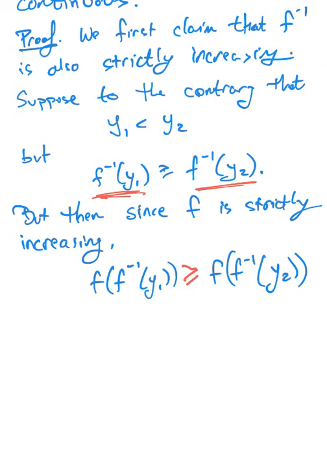Okay, so we applied strictly increasing to that inequality, and f and f inverse undo each other. Good. So that's the proof that f inverse is strictly increasing.